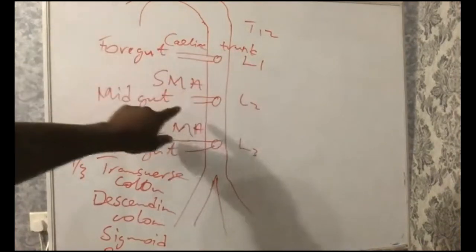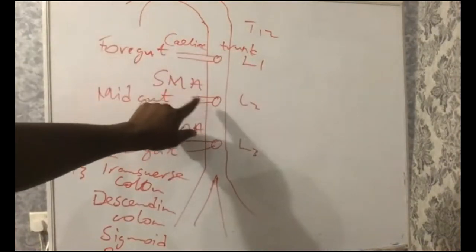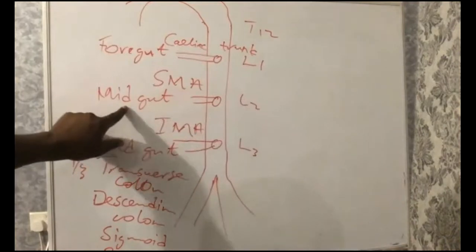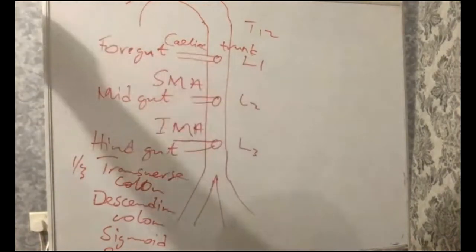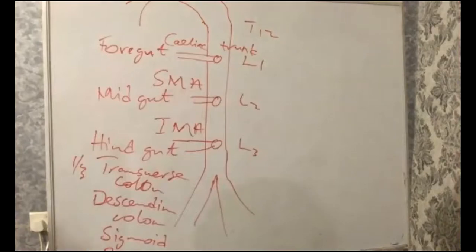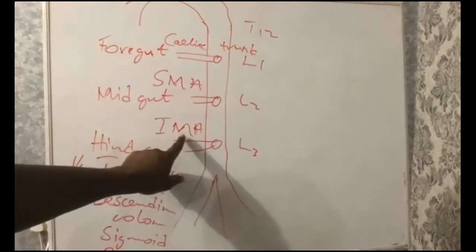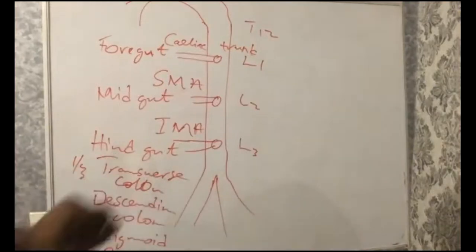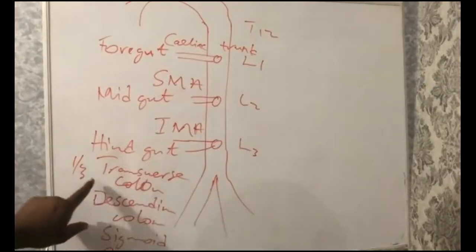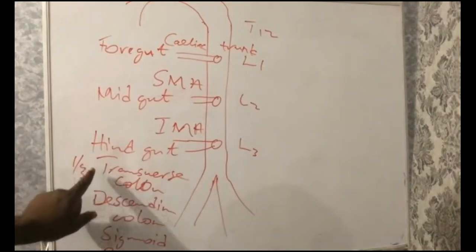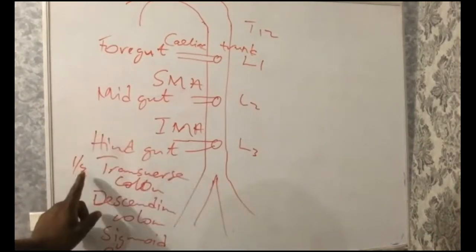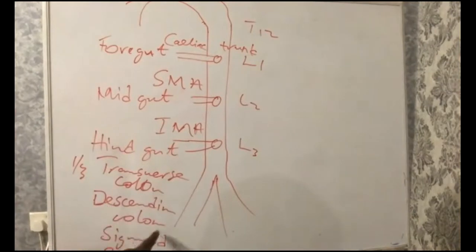We have the superior mesenteric artery, which supplies the midgut, from the major papilla up to the first 2/3 of the transverse colon. Then we have the inferior mesenteric artery, which supplies the hindgut: the last 1/3 of the transverse colon, the descending colon, the sigmoid colon, and the rectum.